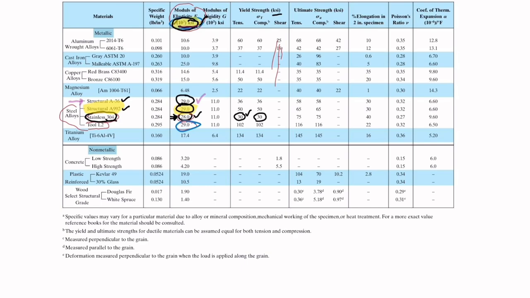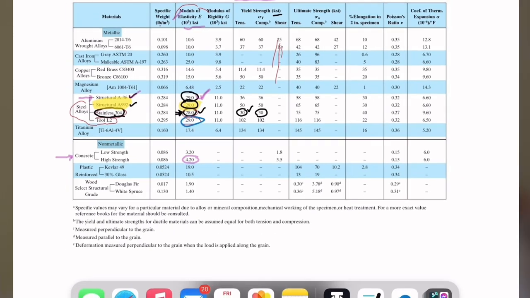You can see A36 is this one, which is 29 into 10 to the power 3 ksi, and high strength concrete has a modulus of elasticity of 4.20 into 10 to the power 3 ksi. So note down this value.